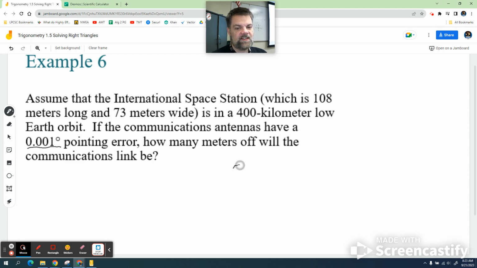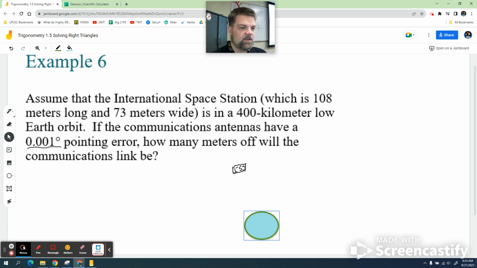So we've got this International Space Station floating up here, and then we have Earth. Earth is like way down here. Okay, that's Earth.